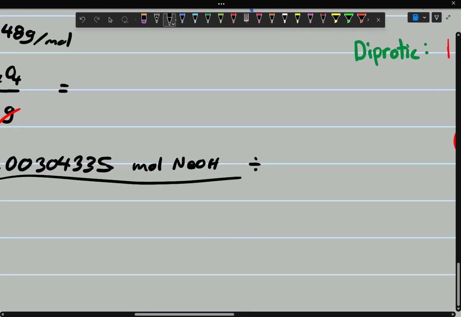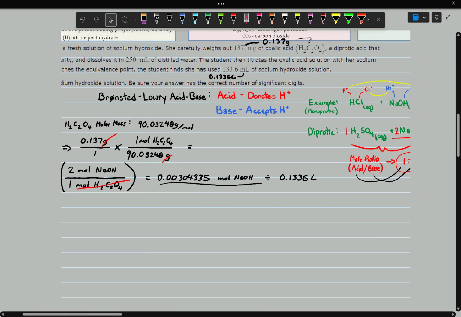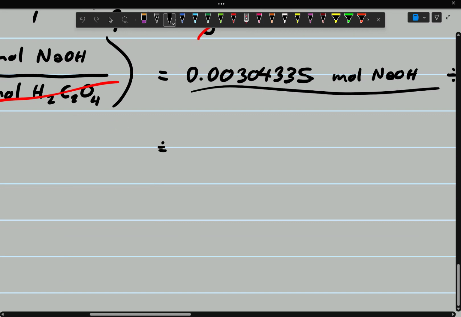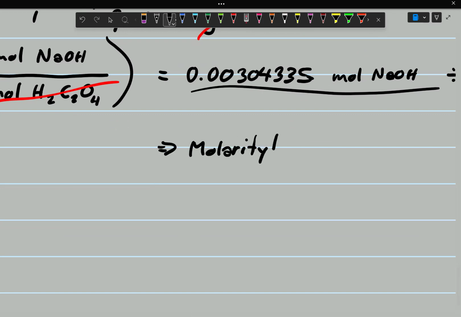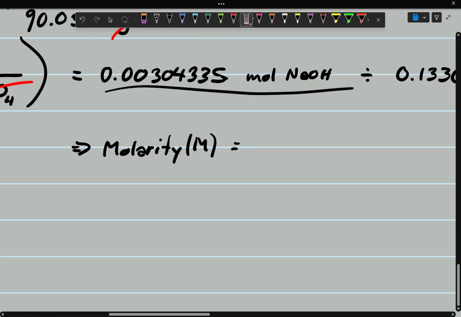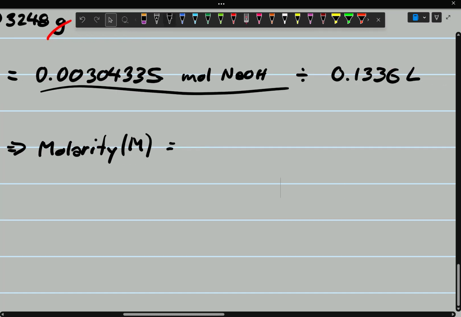So if we divide by that amount in liters, then our molarity, M, is equal to this number divided by that number.